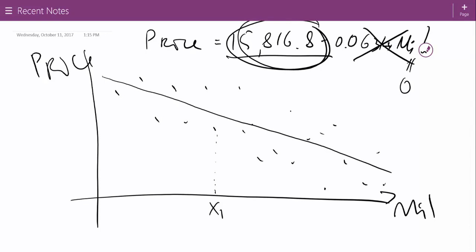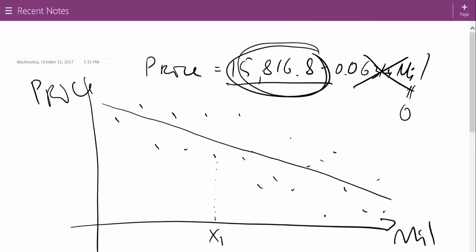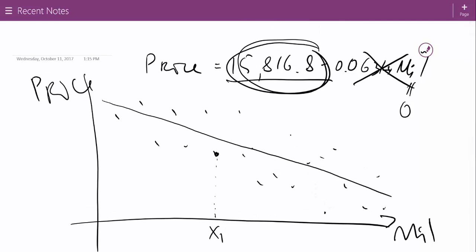I know that for that specific X1 number of miles, this is the actual price, right? What would be the price predicted by my model? It's going to be a point on the straight line, agree? That's what I would predict, but in actuality there is a difference, right? So every time I'm using my equation as a prediction formula, I'm making a mistake, right? How large of a mistake? Well, it depends, right? Over here, that was the amount of the mistake.